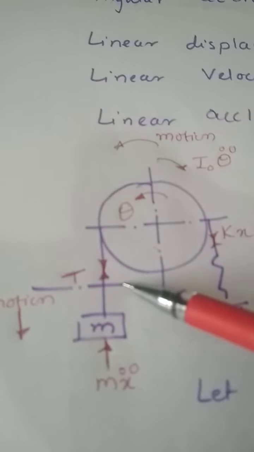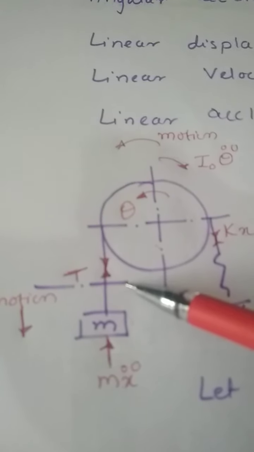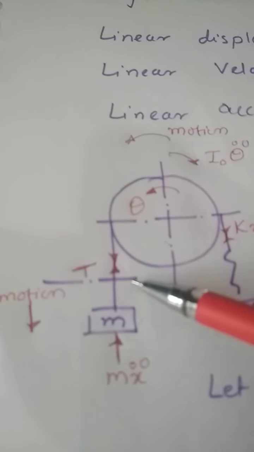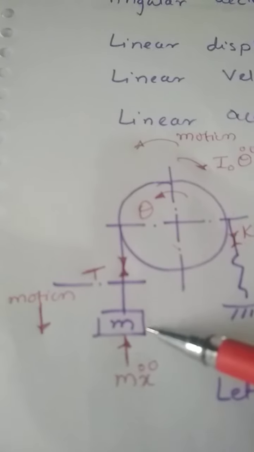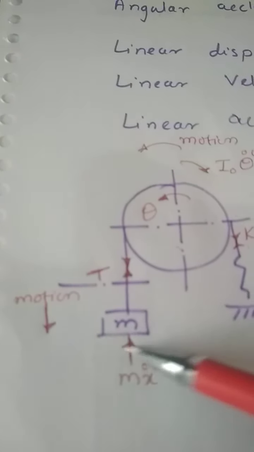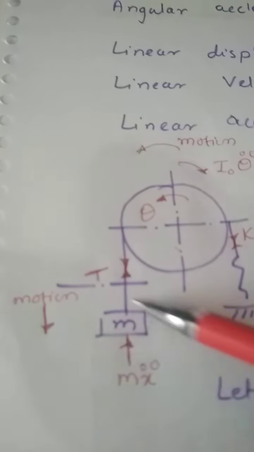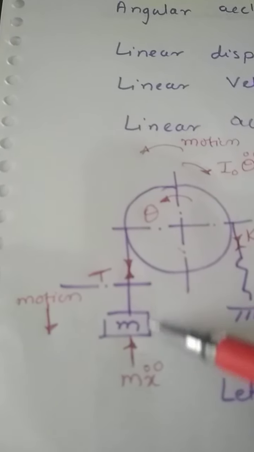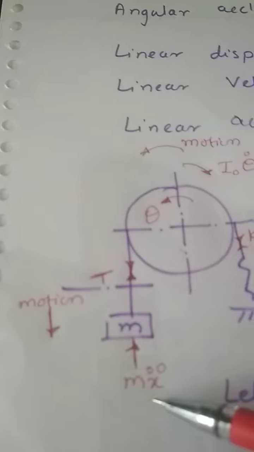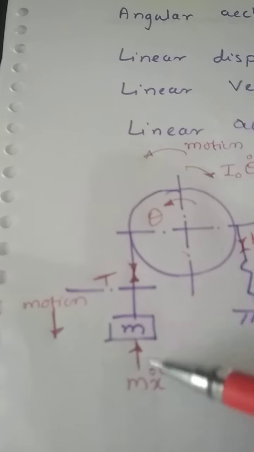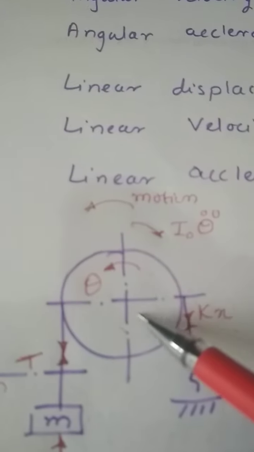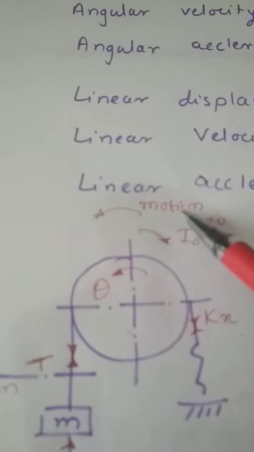Here the mass m is displaced from its mean position. Motion is downward. Hence the inertia force of this corresponding mass will act upward. So tension T and this inertia force are present on the corresponding mass small m, and here motion is anti-clockwise.